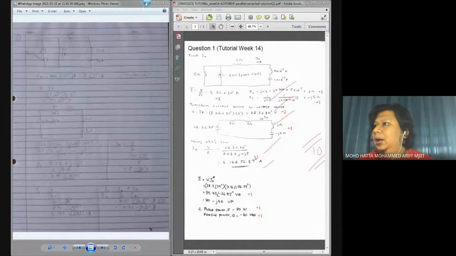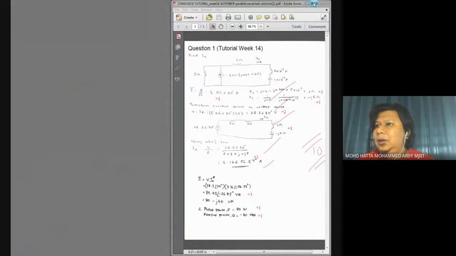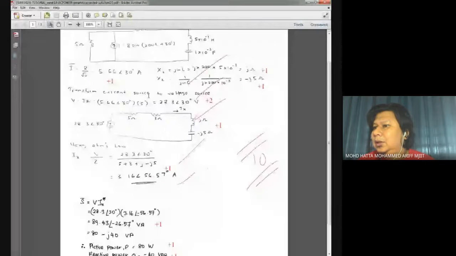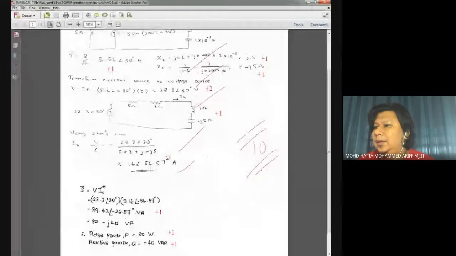Okay, never mind. Based on Hadif's answer, actually he managed to capture all the values over here. I'm not very strict about the values. I try to focus on your strategy and the way you get that value. So that is more important to me.